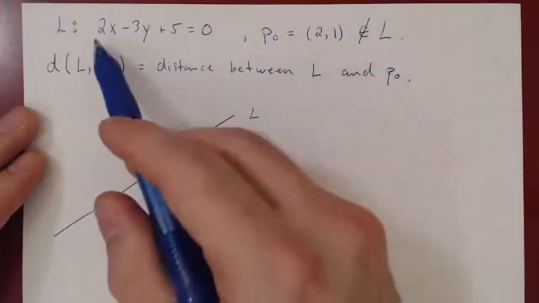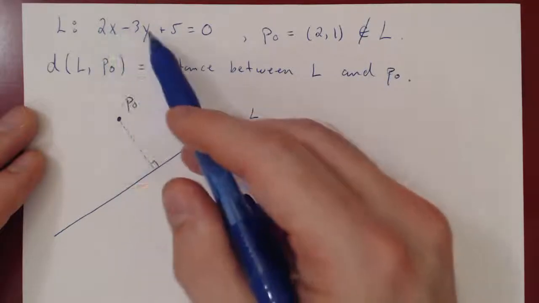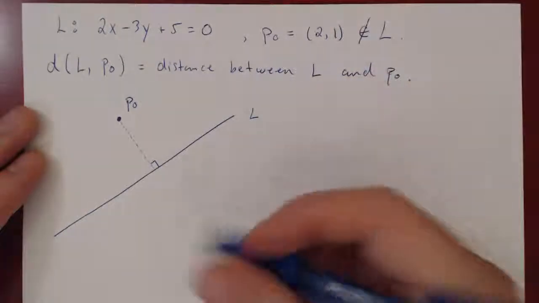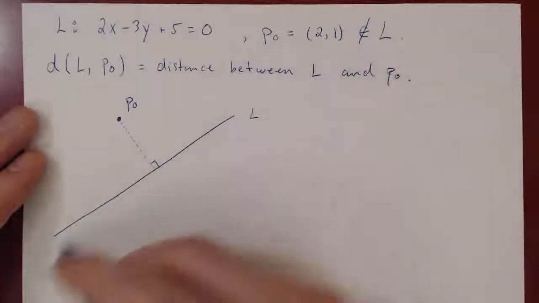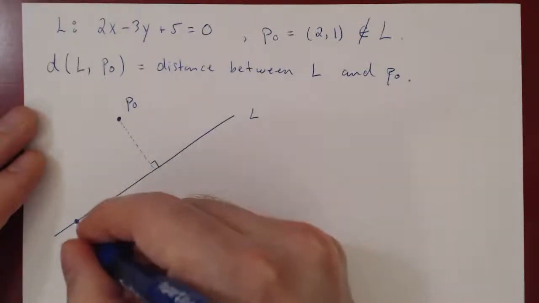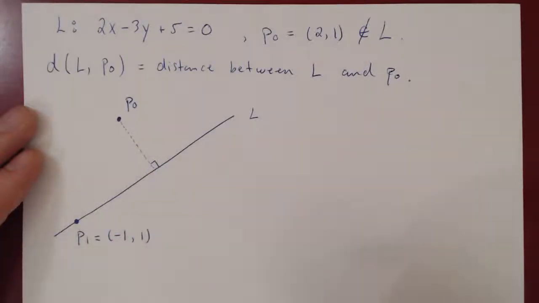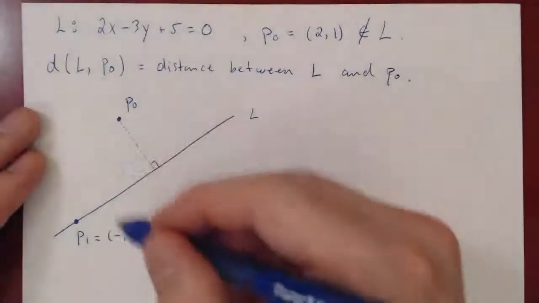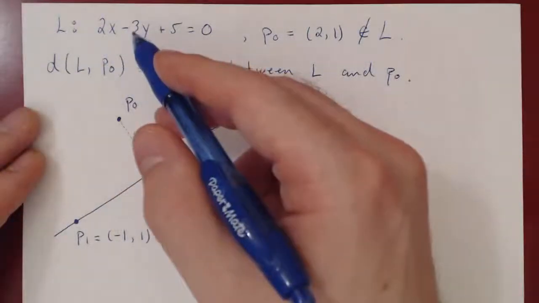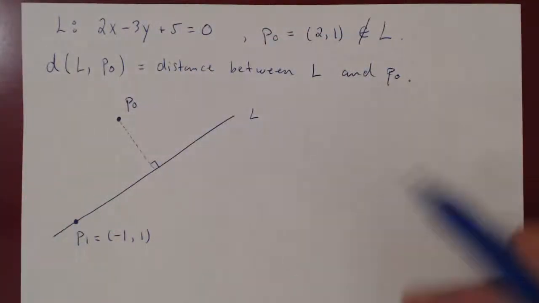By inspection, you could take x to be negative 1, giving negative 2, and y to be 1, giving negative 3, which is negative 5, plus 5 is 0. I'll put this point on my generic picture and call it P1. It is the point (negative 1, 1). Again, verify: 2 times negative 1 is negative 2, negative 3 times 1 is negative 3, negative 5 plus 5 is 0. Check. This point is on the line.